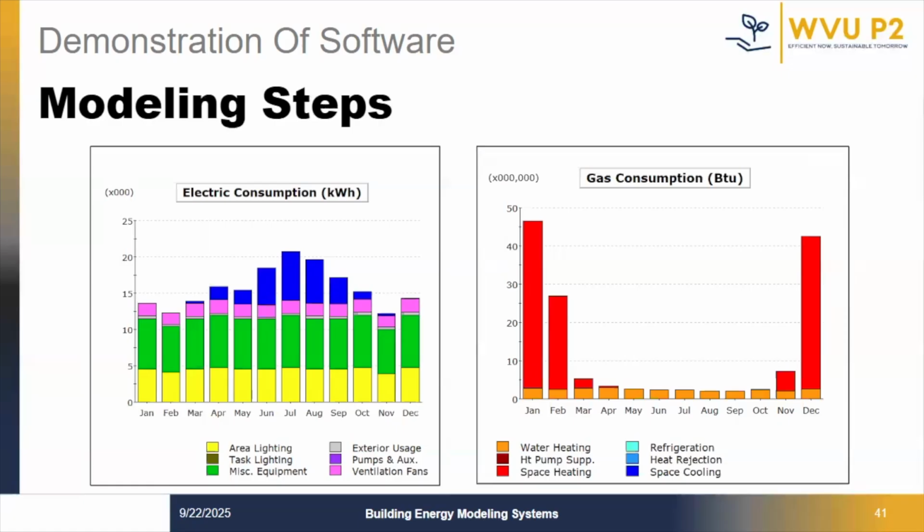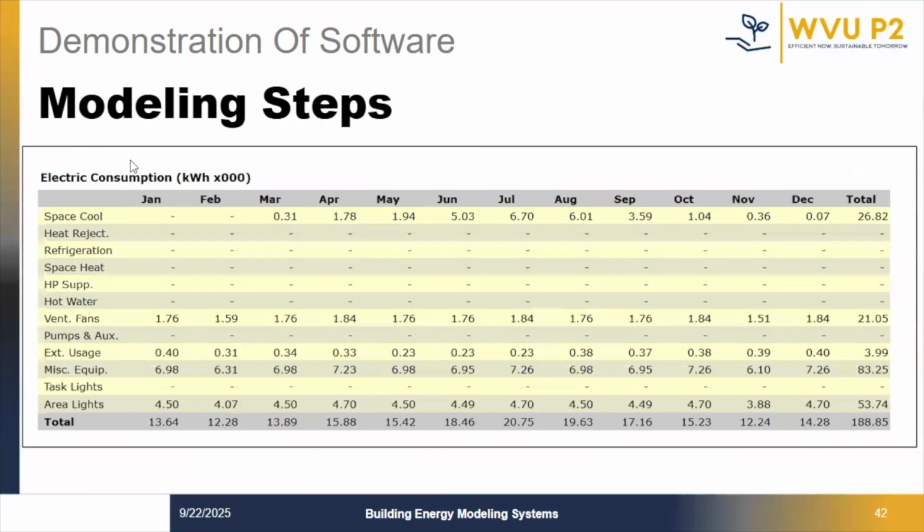Notice how ventilation fans create a steady baseline load year round. Gas consumption tells a different story, dominated by winter space heating demands that taper off sharply in spring. The minimum summer gas use comes from water heating only, which is a prime candidate for electrification or solar thermal integration.